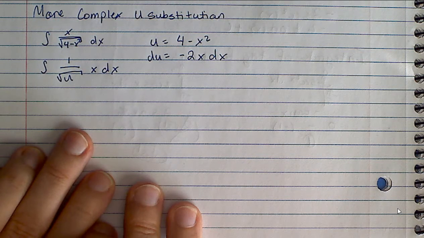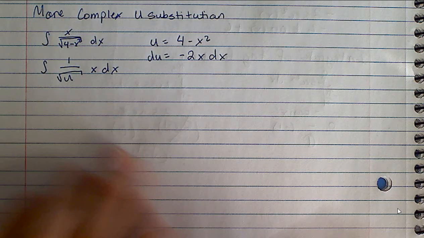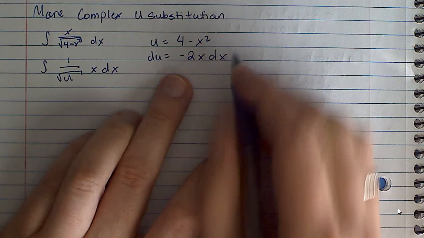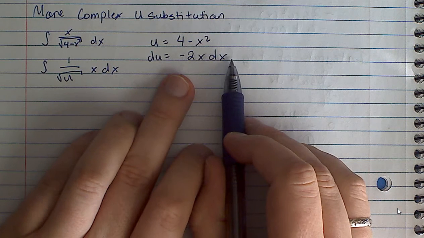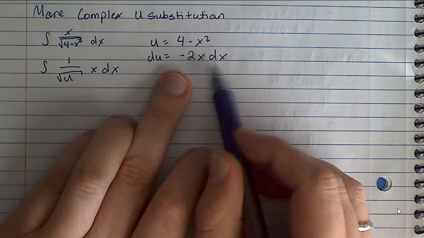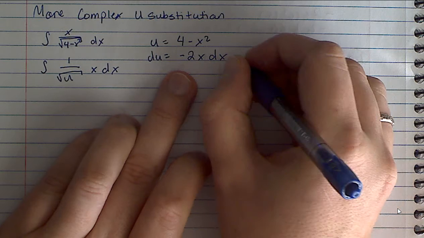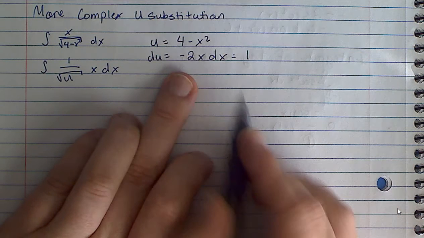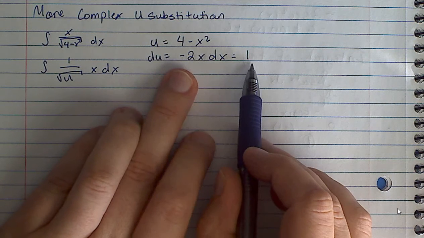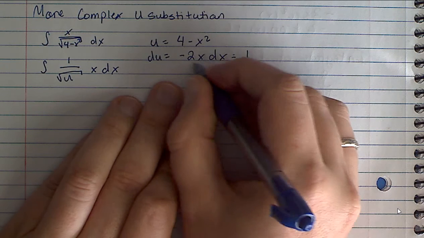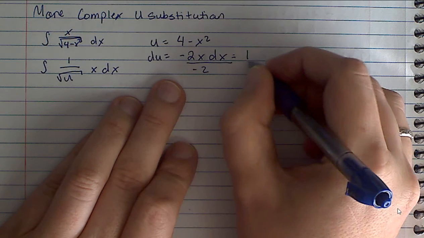Okay. Now, if I have x dx here, if I get the negative 2 out from there, how would I need to get the negative 2? Let's say this is equal to 1. How would I get the negative 2 away from the x dx? Divide by negative 2. So divide by negative 2, divide by negative 2.